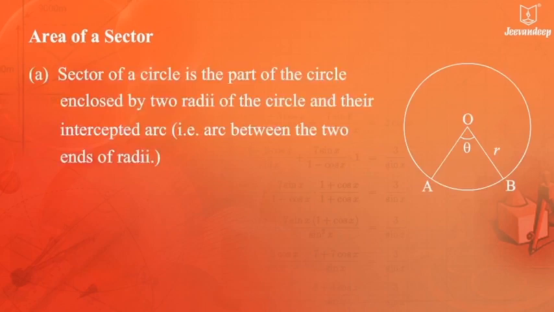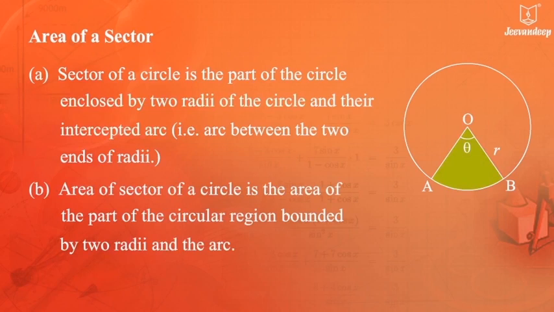Area of a sector. A. Sector of a circle is the part of the circle enclosed by two radii of the circle and their intercepted arc, that is, arc between the two ends of radii.